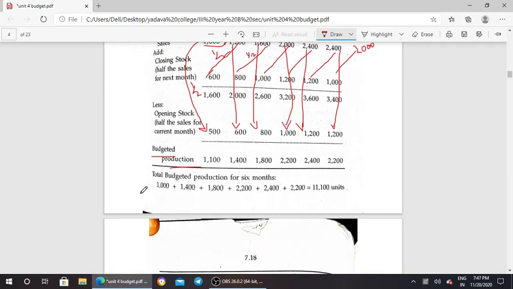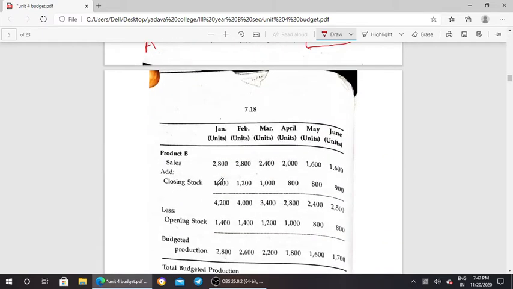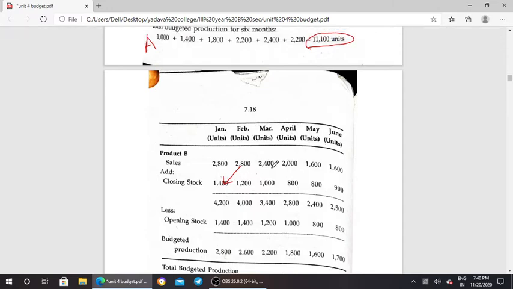When we add all these things for product A, we are having 11,100 units for product A. Next, we have to follow the same thing for product B. Half of next month's sales will be the current month's closing stock, and half of current month's sales will be the opening stock.